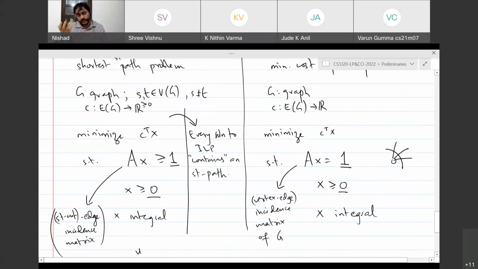So if you look at the non-zero edges as per your solution, those will have an ST path in them. And every optimal solution contains a shortest ST path.